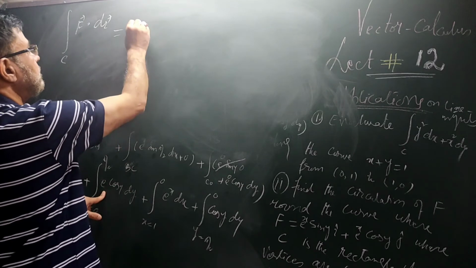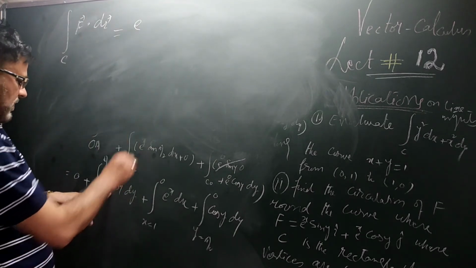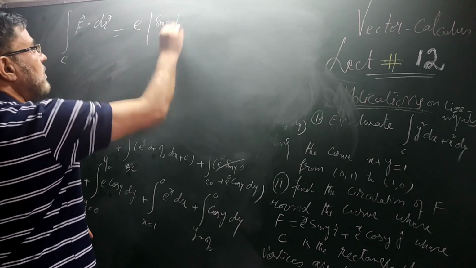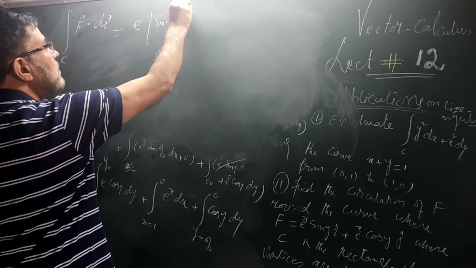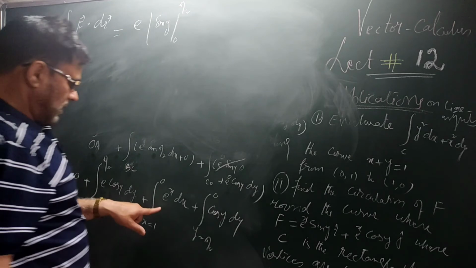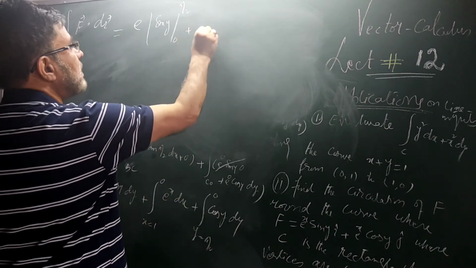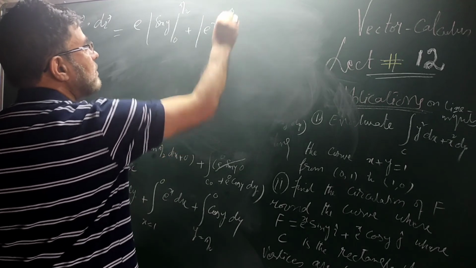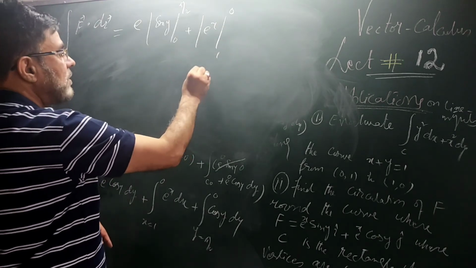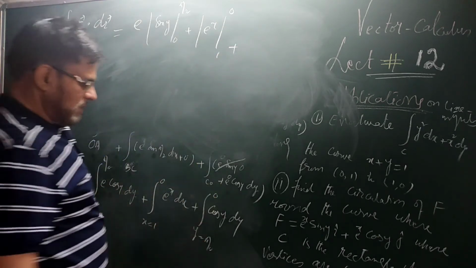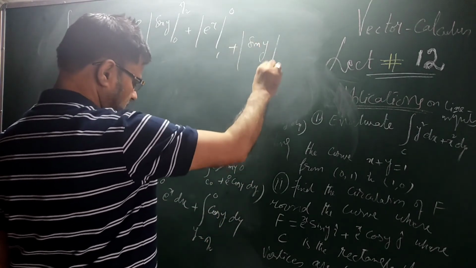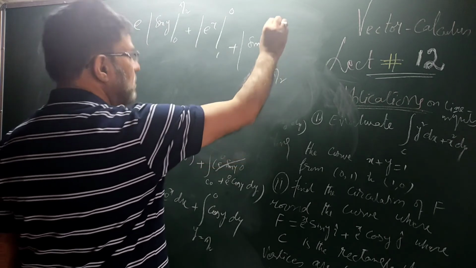It is e times the integral of cos, it is sine y, y from 0 to pi by 2. Then it is e raised power x from 1 to 0. Then you have integral of cos y, it is sine y, y from pi by 2 to 0.